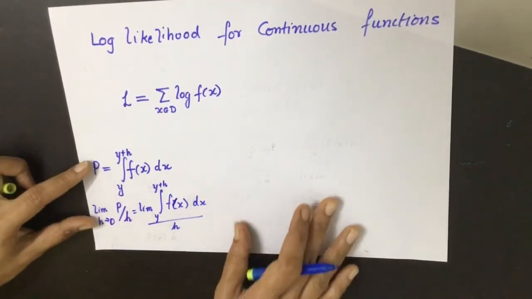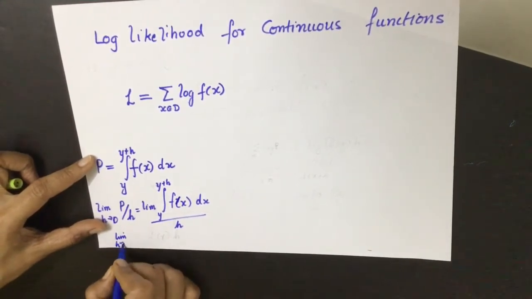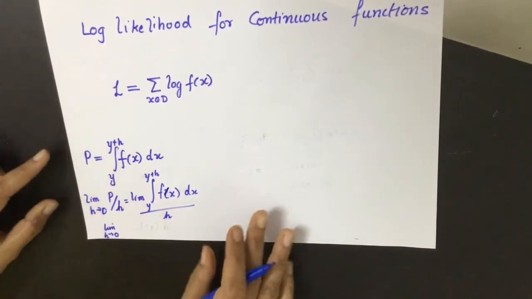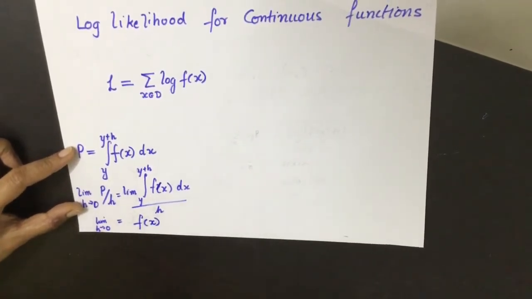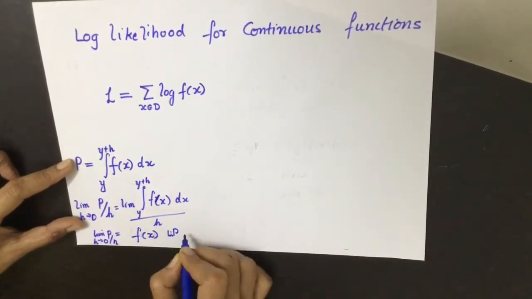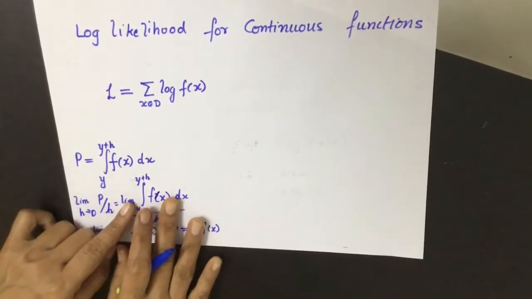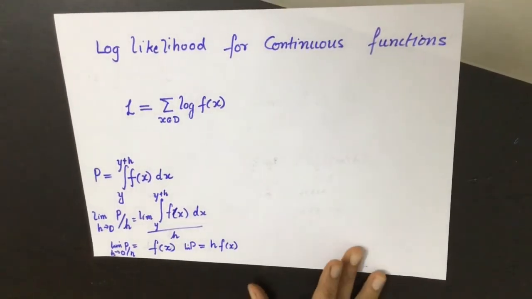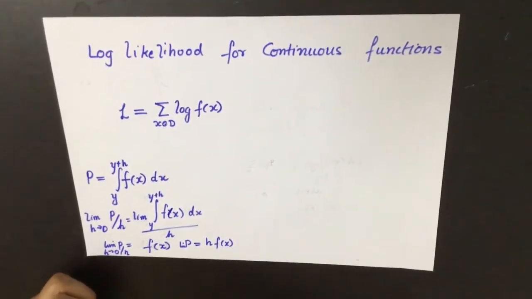Here we can apply L'Hospital's rule, and we find that this limit is given by the differential of the numerator divided by the differential of the denominator, with respect to h. So this simply becomes f(x). And so we can say that the limit of p is h into the density function. This is the same thing we said earlier. It is our general understanding of integrals and calculus that over a very small area we can assume the function is constant.